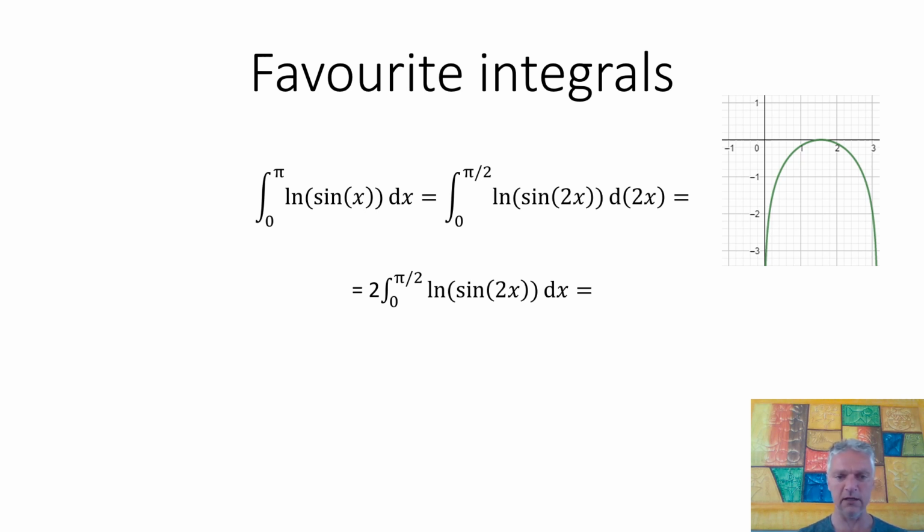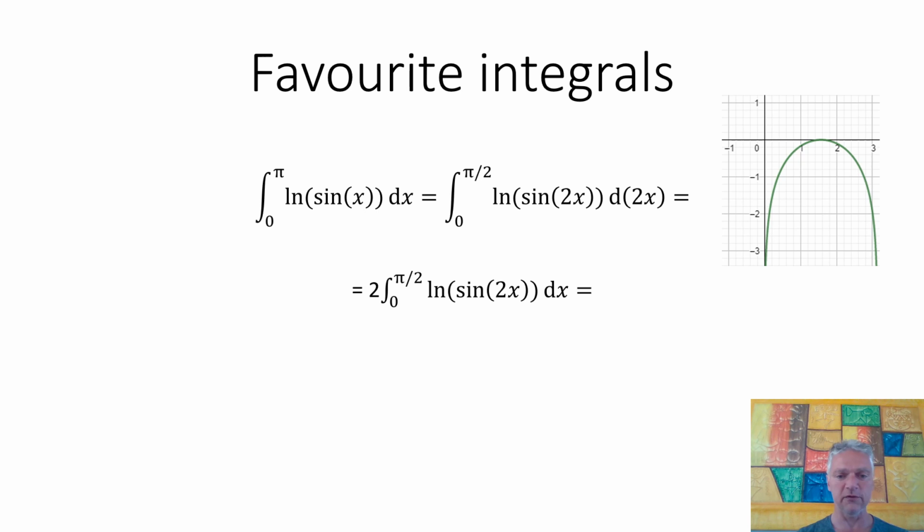Now we're going to apply a trigonometric identity, that is, the sine of 2x equals 2 times the sine of x times the cosine of x. And if we have a number of factors under the logarithm sign, of course, the logarithm turns these factors into terms. Logarithms turn multiplication into addition.